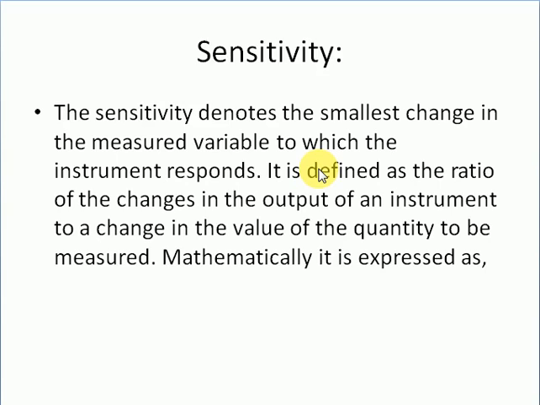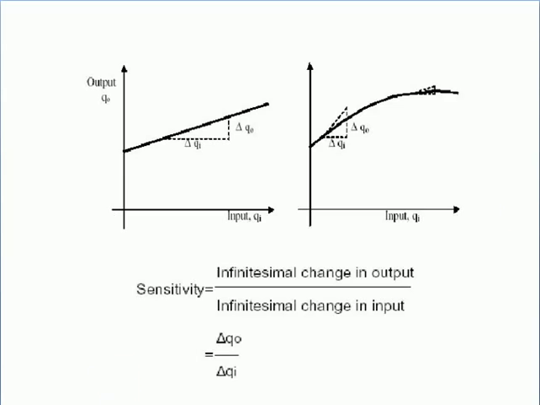The manufacturers specify sensitivity as the ratio of magnitude of measured quantity to the magnitude of the response. The ratio is called inverse sensitivity of deflection. So that is the sensitivity, the change in output to the change in input.